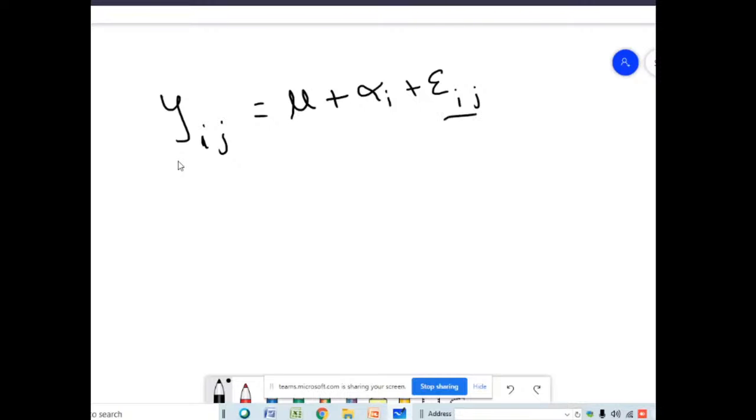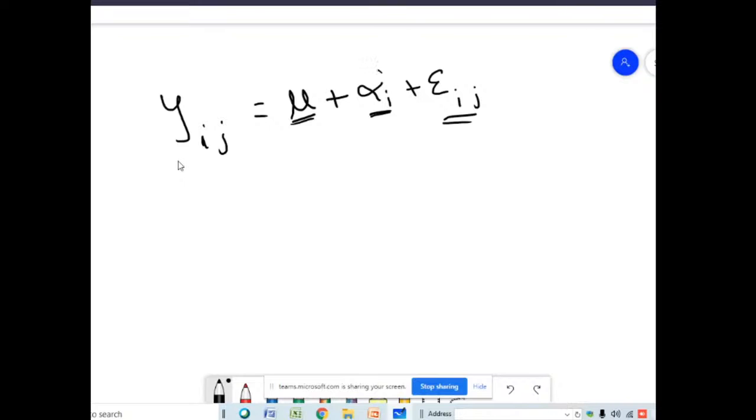So this is an error which is involved in the observation measurement, and actually the value must be this one, and there is some effect due to a particular treatment that is applied, so that effect is alpha i.